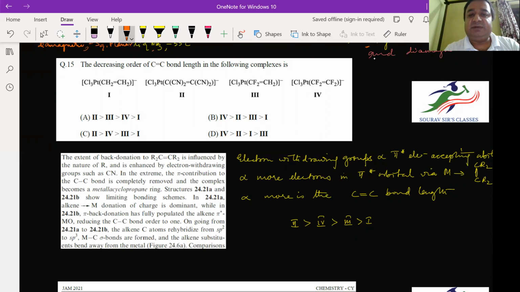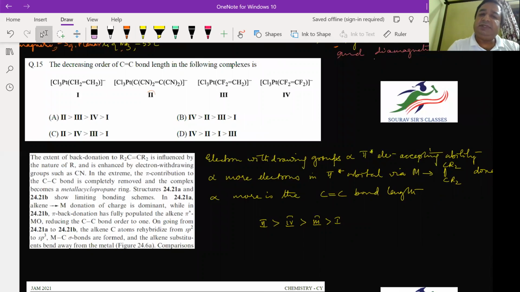That is complex number 2. Now you have Cl3Pt CF2 double bond CH2, and then you have Cl3Pt CF2 double bond CF2. So here the theory is, again, written over here, so I'm not going through that part. That is for you to consult. However, I've summarized the facts over here.